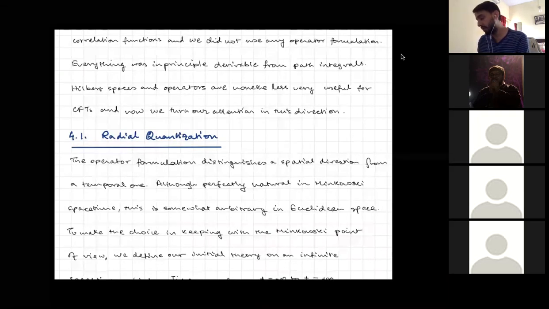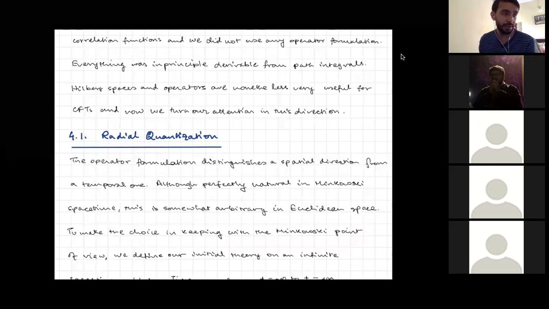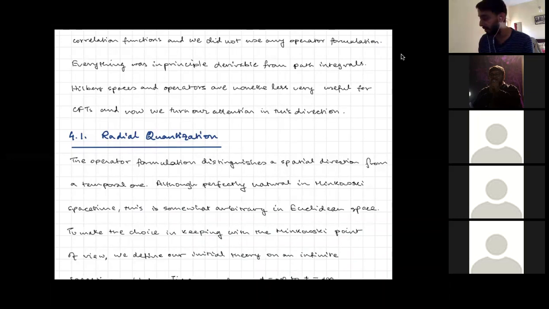Although, when we are in Minkowski spacetimes, it's very clear that there is. So, for example, if you're in d dimensions, ds squared becomes minus dt squared plus dx_i squared, right? So the time direction is very clear here. There is a sign here which distinguishes the time direction.